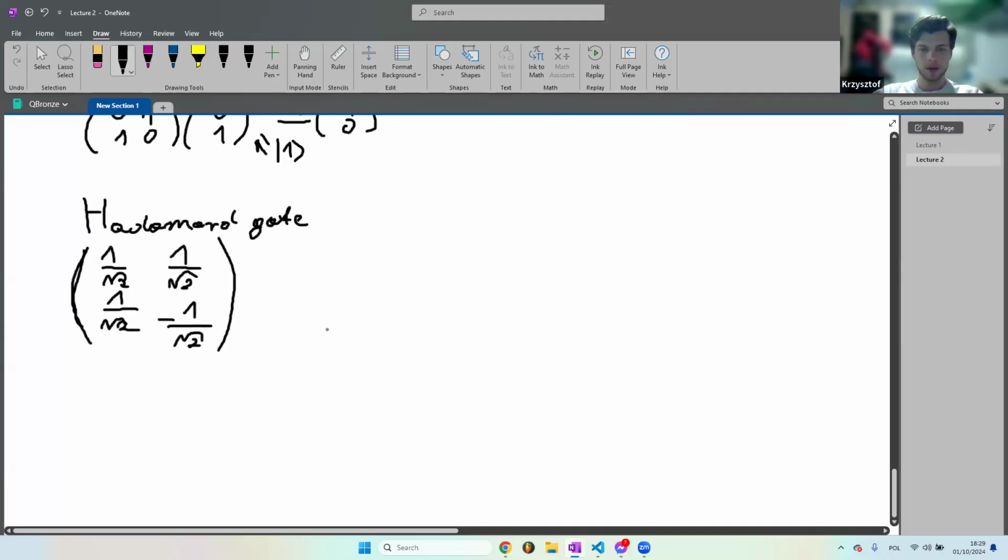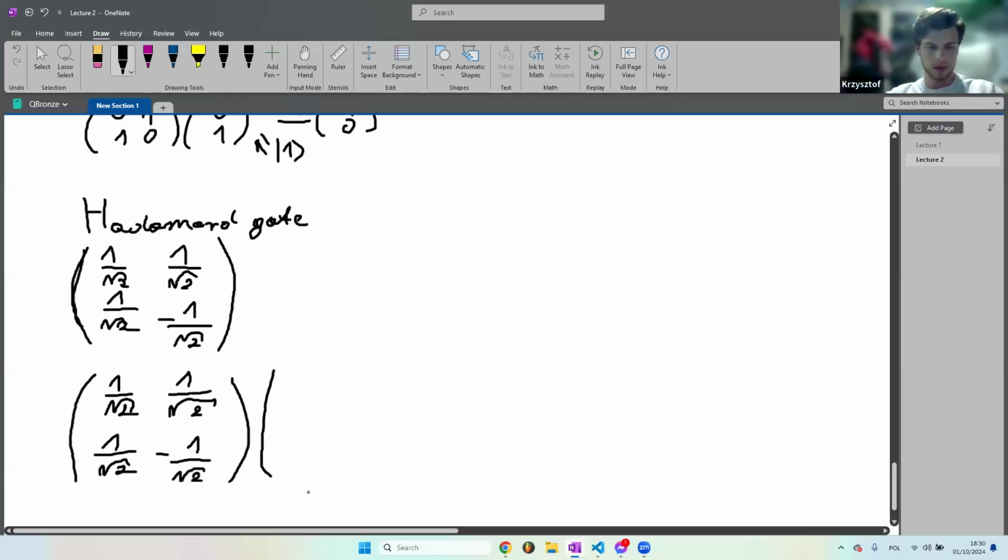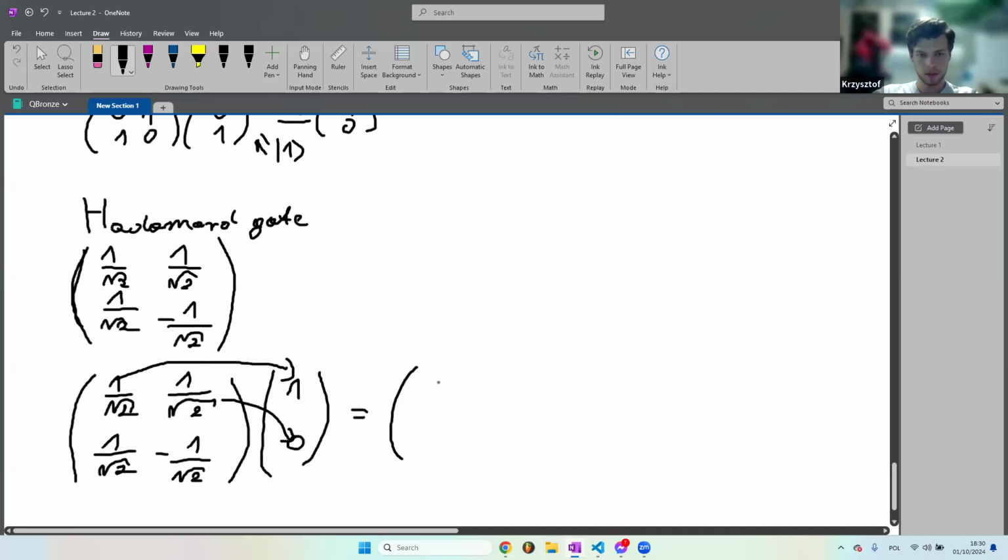So let's review how this Hadamard gate acts on our state 1 qubit. It's a little bit tedious to write all the entries, but hopefully we can manage. And now to multiply, if you remember from yesterday's lecture, we multiply those two entries to get the first entry here. So this will be 1 over square root of 2.